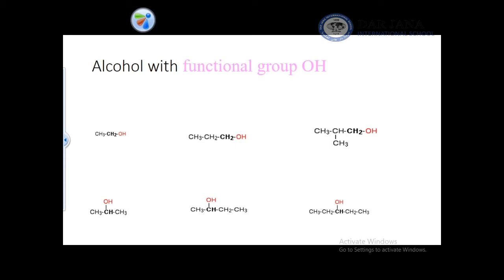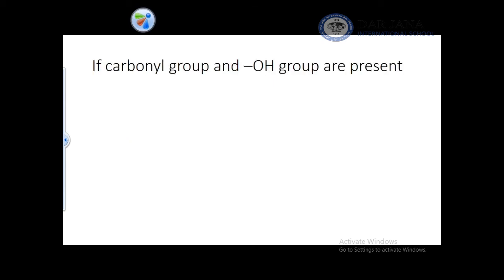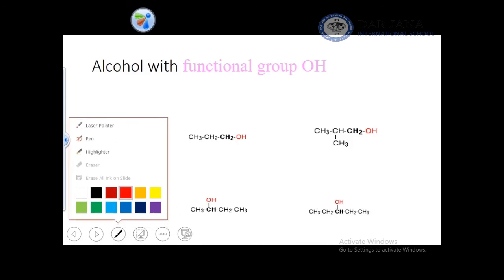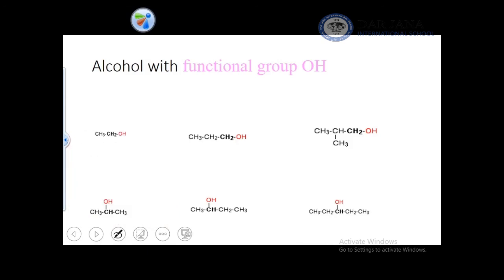To name the first molecule over here, this one is called ethanol. Propanol. This one is 2-methylpropanol.